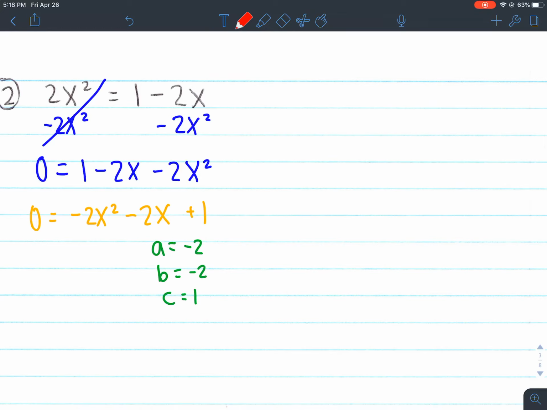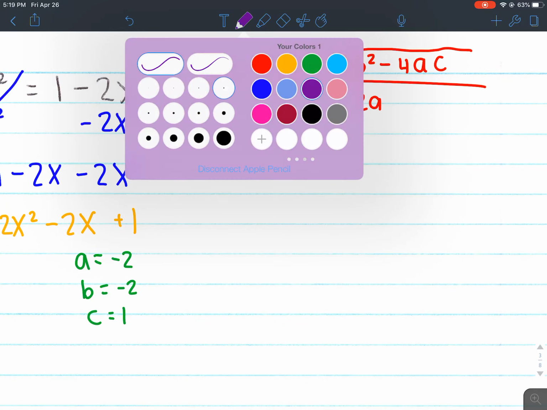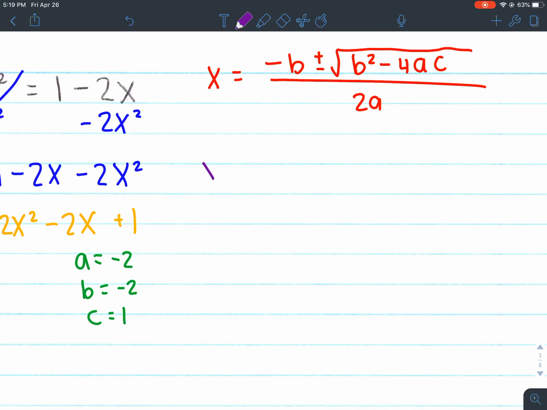Okay, and then my next step is I have to plug it into the formula, so let me write this formula down again. Okay, so now I'm going to plug in, let's use purple. All right, I have negative, and then I'm going to plug in my b, so negative 2, plus or minus the square root, negative 2 squared.